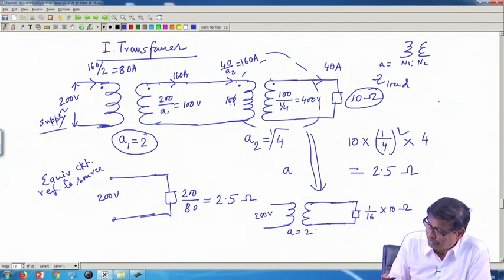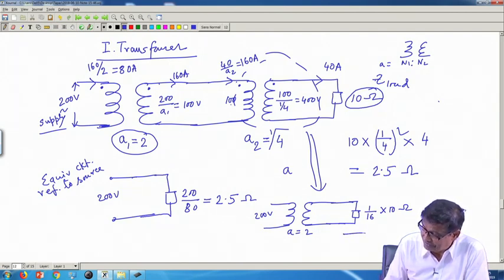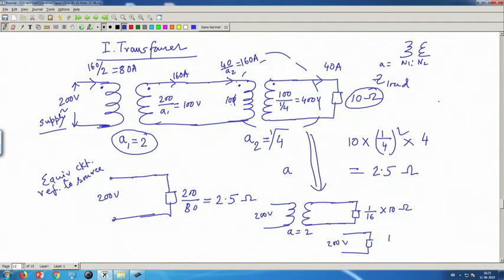So, it will be 4 by 16. Then the next step is supply, and this is 200 volt, and this was 10 by 16, and then once again into 4 and equal to 2.5. There are several ways, you find out your own convenient way of interpreting the results.